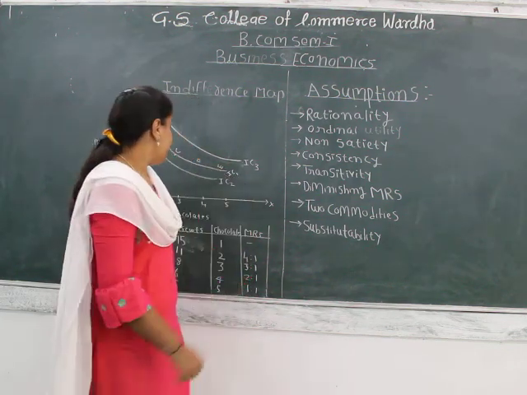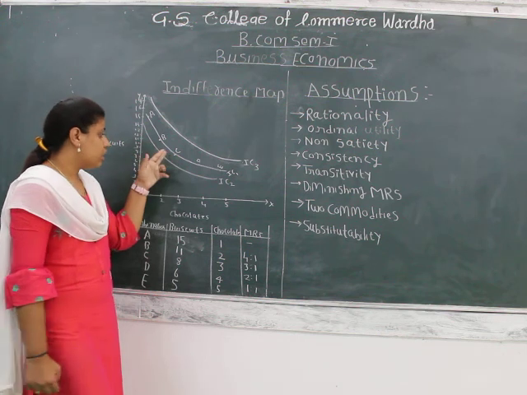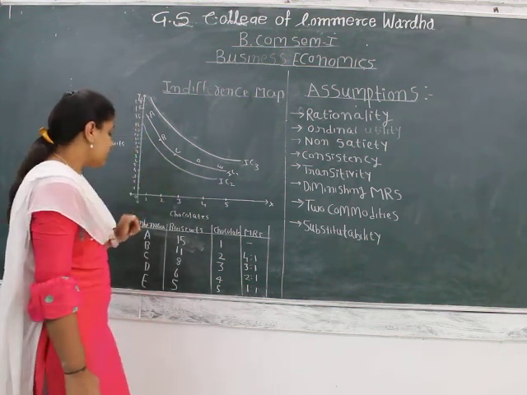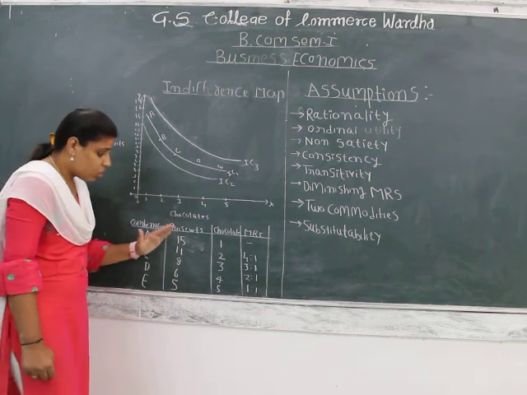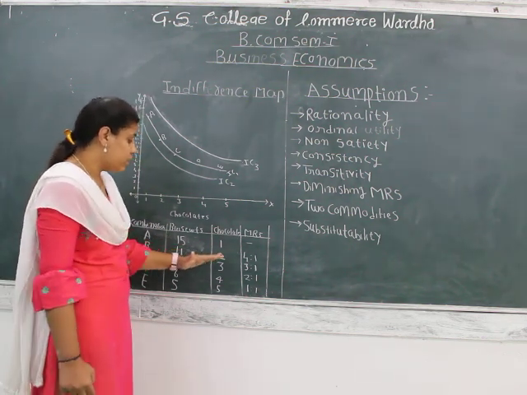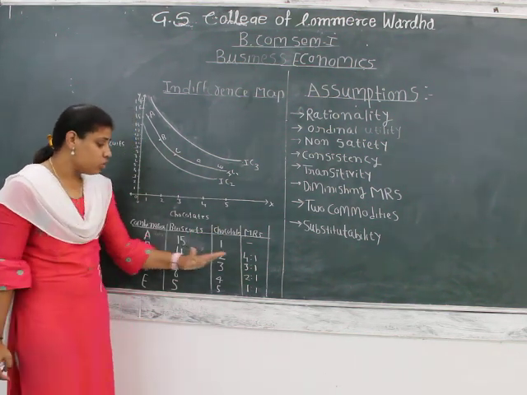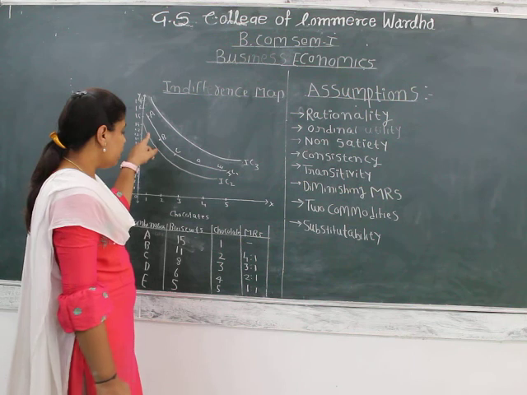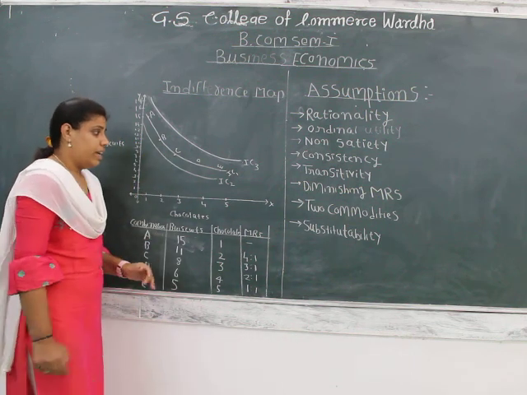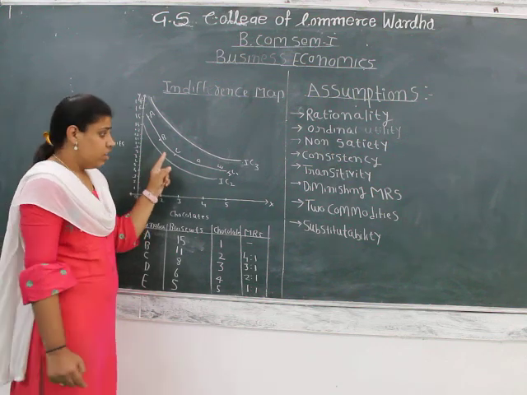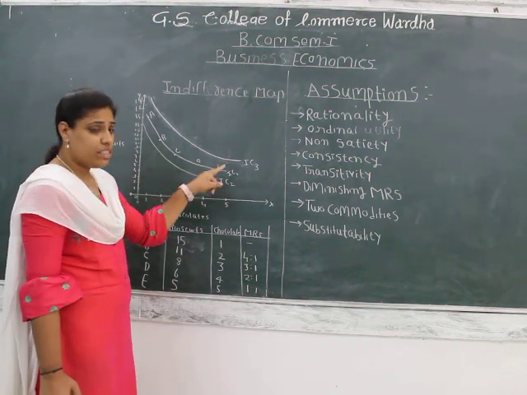Like the indifference curve that we saw in the previous lecture, various combinations of the two commodities giving equal satisfaction to the consumer, when plotted on the graph, gave us the indifference curve.